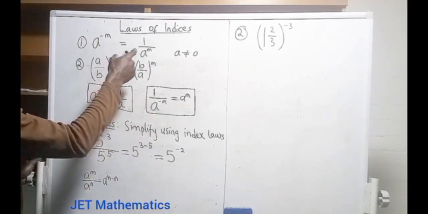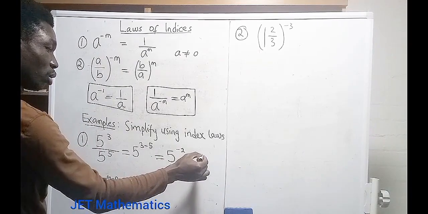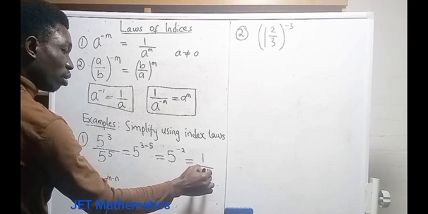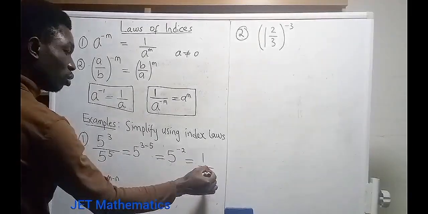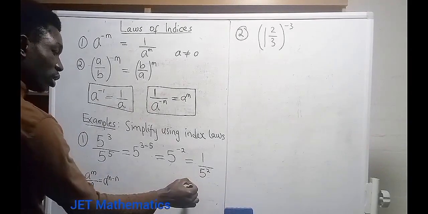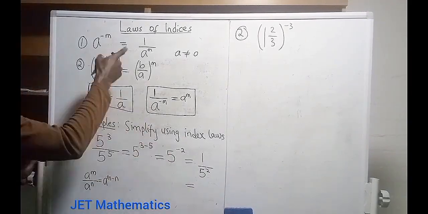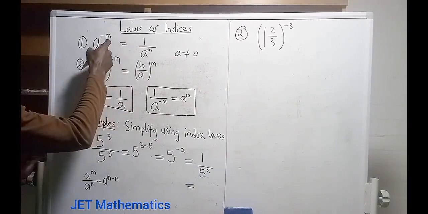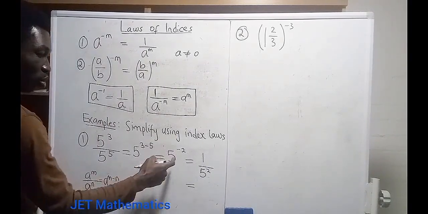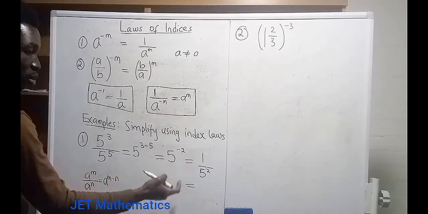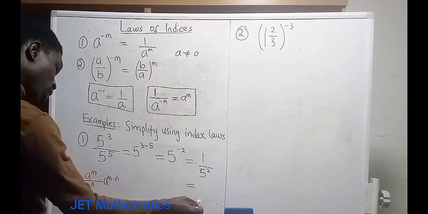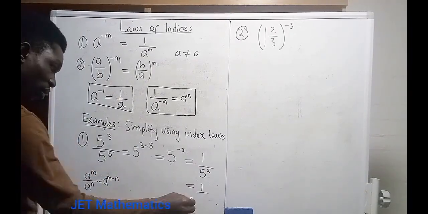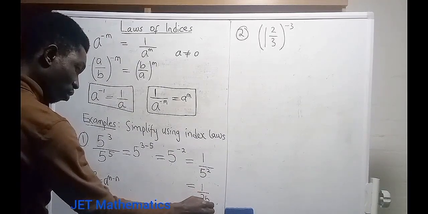So applying it here, we'll have this the same as 1 over 5 raised to the power of 2. You see that? Just applying this law, a raised to the power of minus m equals 1 over a to the m. So this gives us 1 over 5 raised to the power of 2. 5 raised to the power of 2 is 5 times 5, and that gives me 25.